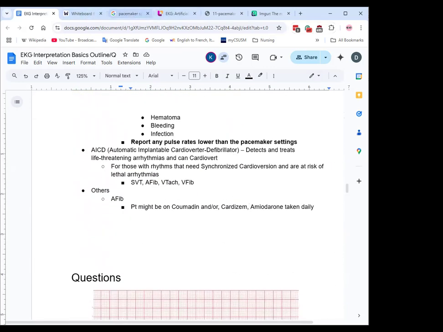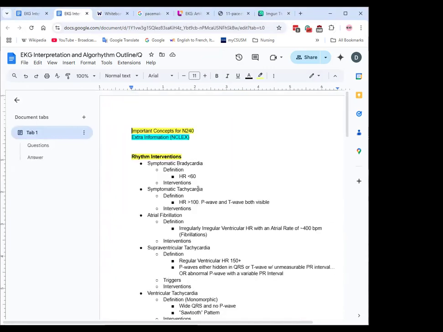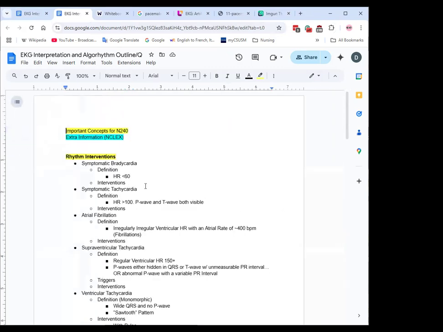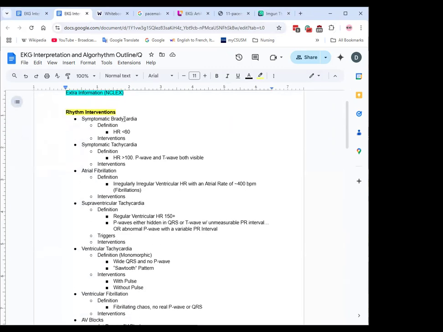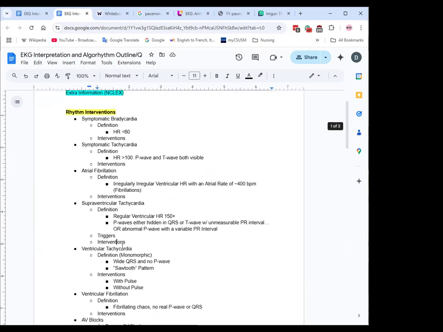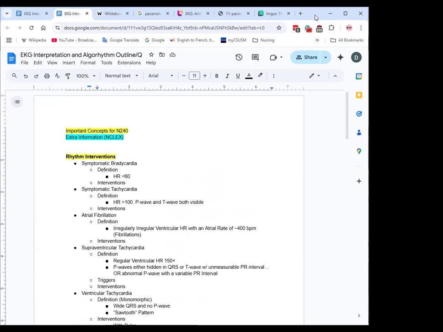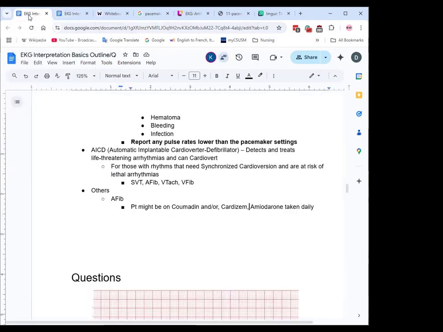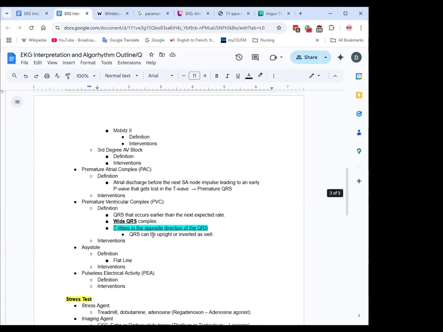So I'll show you what I have cooking. Let them cook. I'll show you what's in the oven. For tomorrow, this is what we'll be doing before we go into questions. Every rhythm and then what to do, interventions. Again, just turning that big 166 page PowerPoint into considerably smaller things.